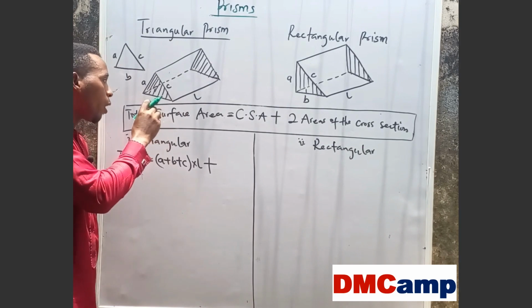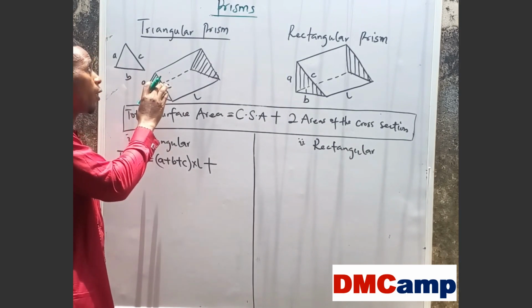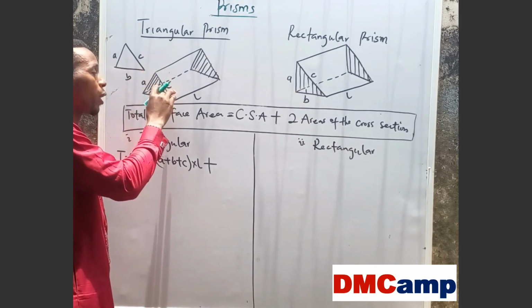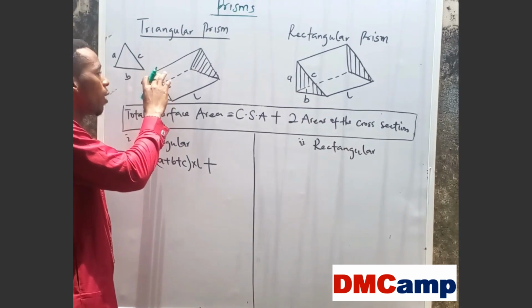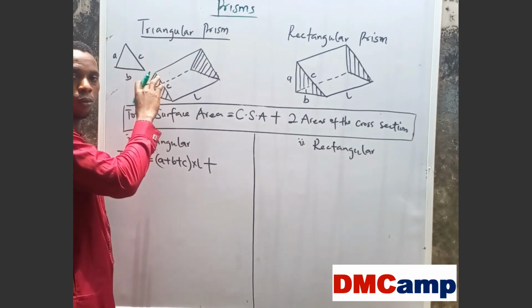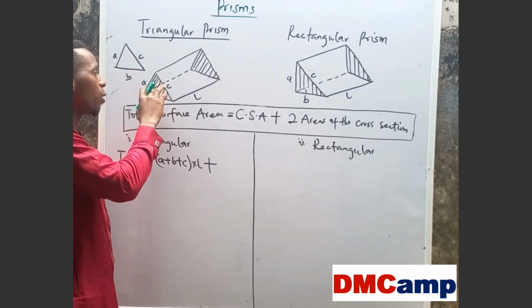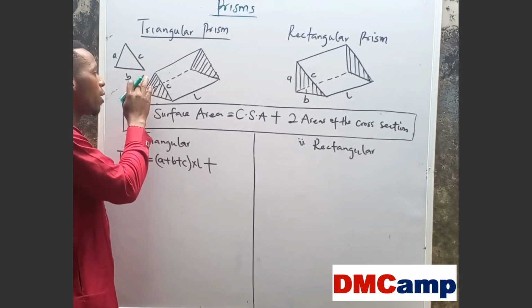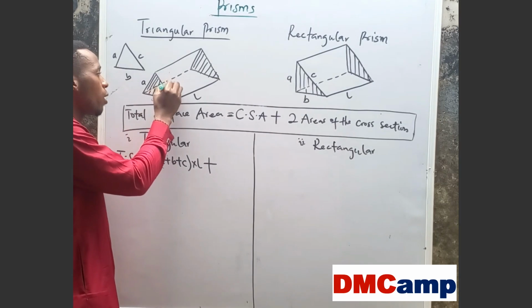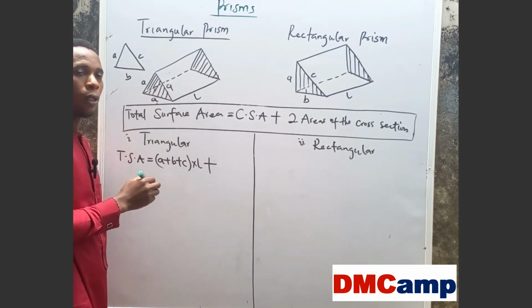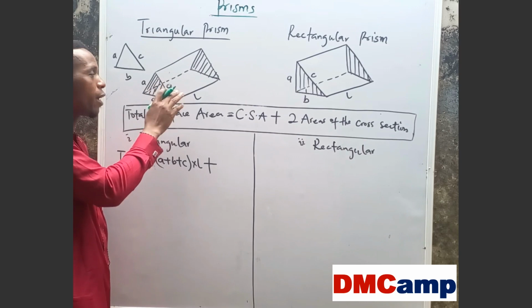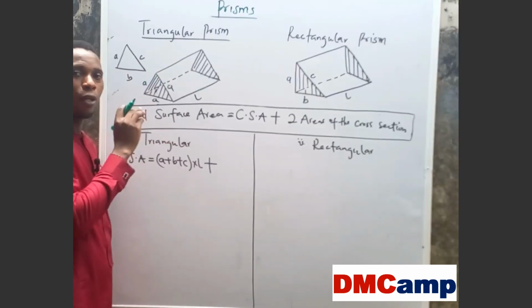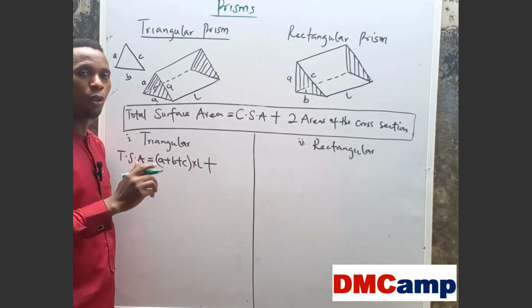Now, if it is a triangular prism and the triangle you have here is an equilateral triangle, all the sides are equal. That is, if here is A, here is also A, here is A. The best method to use here to get the area of this triangle is what we know as Hero's formula.